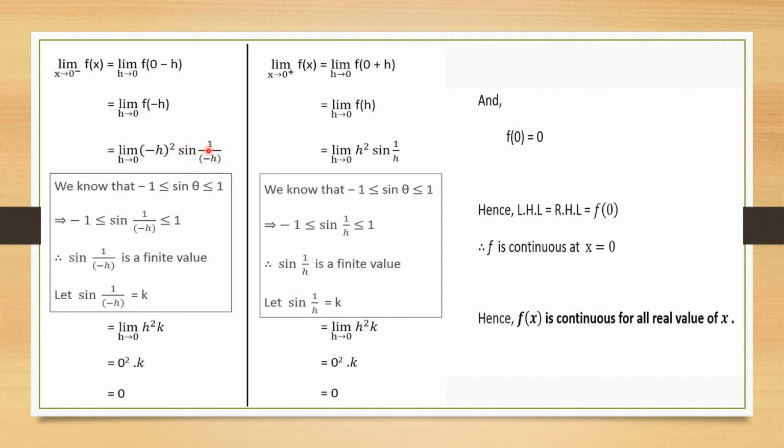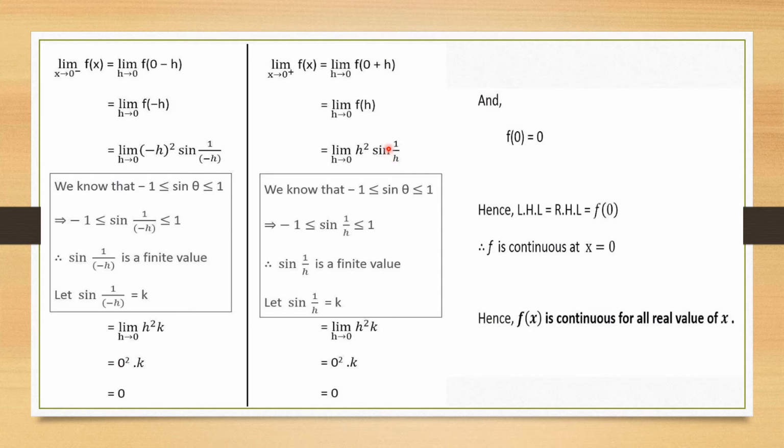And what is sine infinity? 1 upon 0 means the angle is infinity. Sine infinity is infinity. And 0 into infinity is not 0. It is undefined. Same case is happening here. If I put 0 directly, then it will be 0 into sine 1 upon 0, that is sine infinity, that is infinity. Okay, so that is an undefined result.